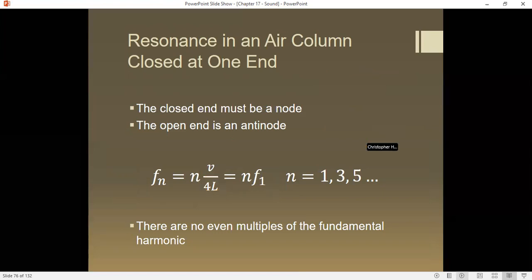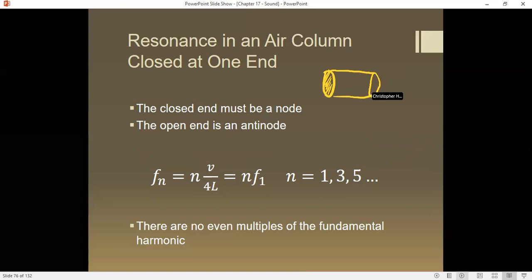All right, velocity over wavelength for the fundamental, and all the higher ones will go by this odd integer pattern: 1, 3, 5, 7, 9, etc. There are no even multiples for the fundamental harmonic when one end is closed and one end of the tube is open.